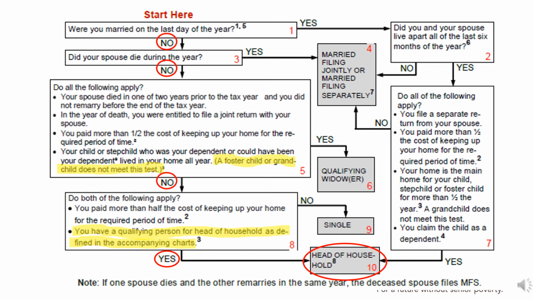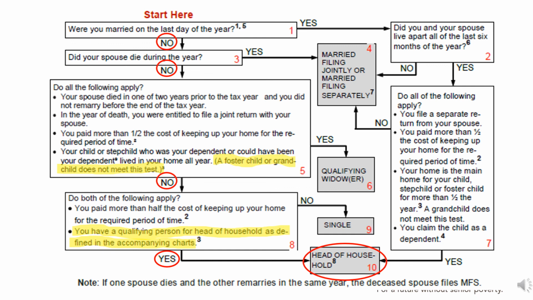The first 3 bullets do apply, but the last one, your child or stepchild who was your dependent or could have been your dependent lived in your home all year. And then look in the parentheses, it says a foster child or grandchild does not meet the test. So you have to answer no because all 4 of those bullets did not apply.